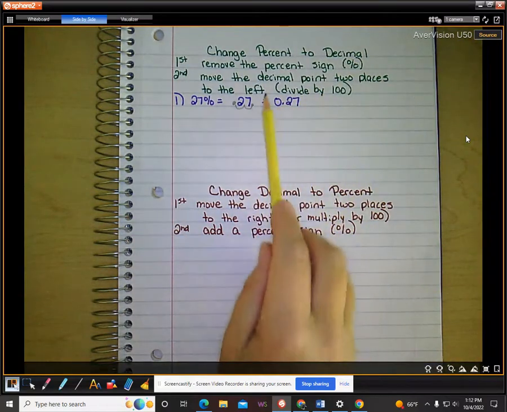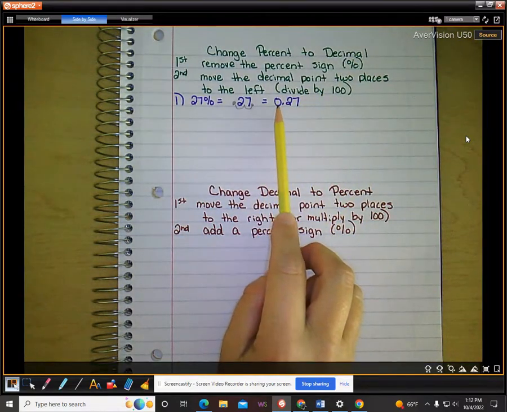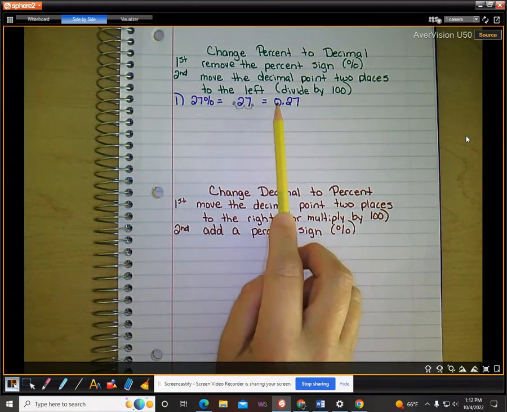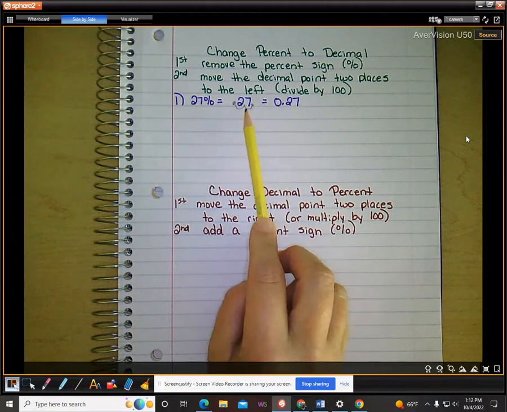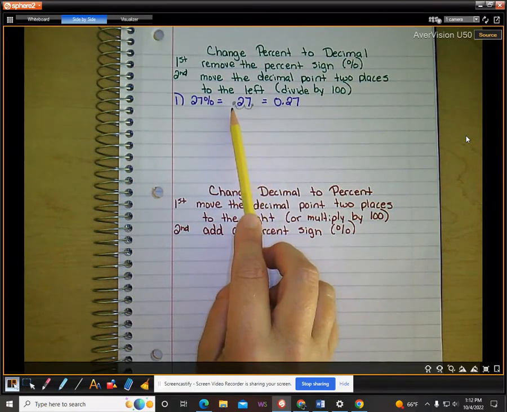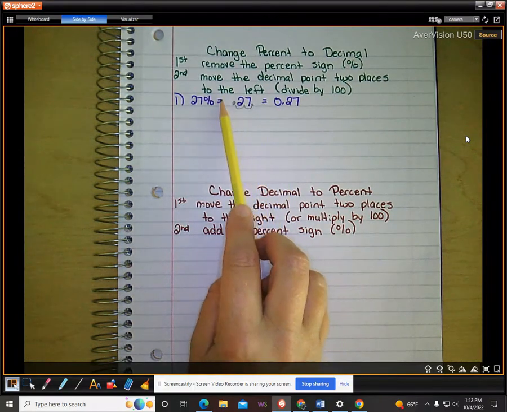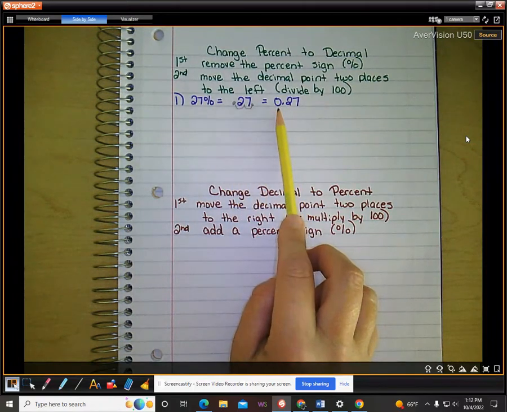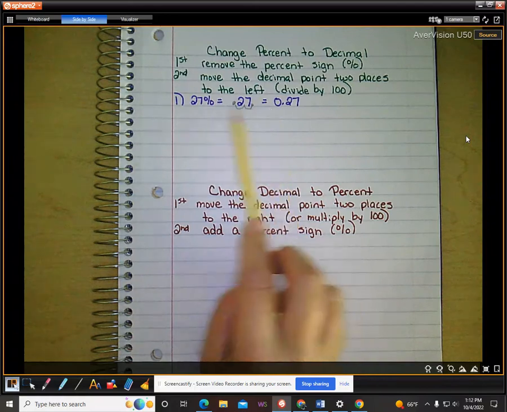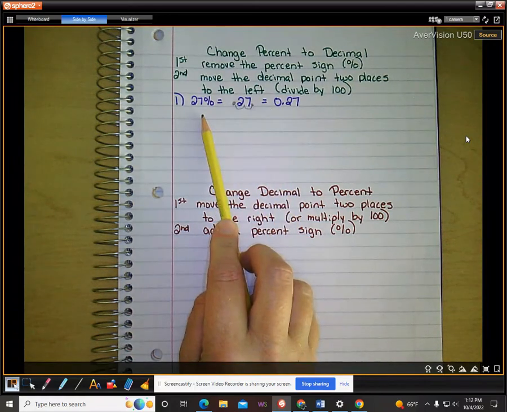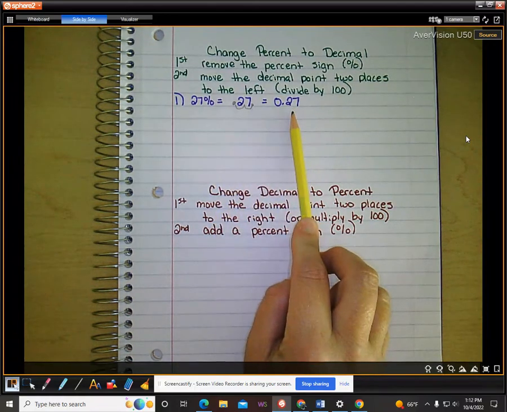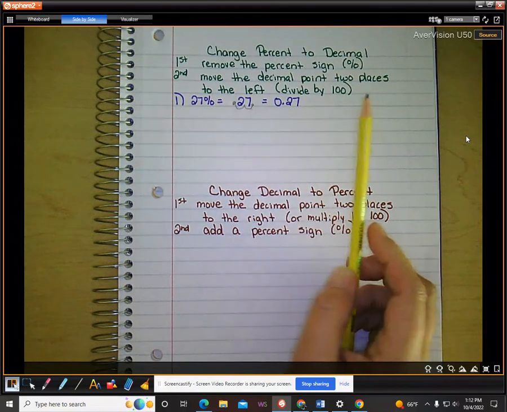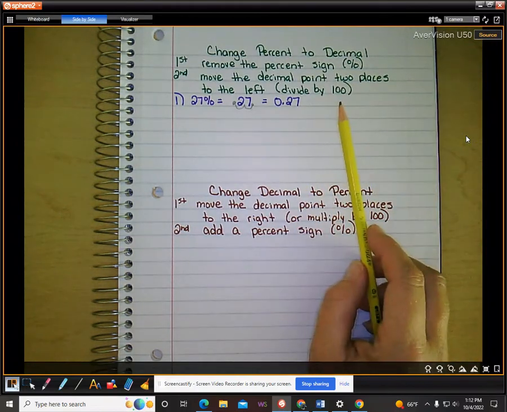If there is not a number before the decimal point, you have to have a 0. So notice when we move the decimal point to the left 2 places, there's nothing in front of the decimal point. When you write it as a decimal, it must have the 0 in front of it. So 27% is the same as 27 hundredths, which kind of makes sense because percents are out of 100.